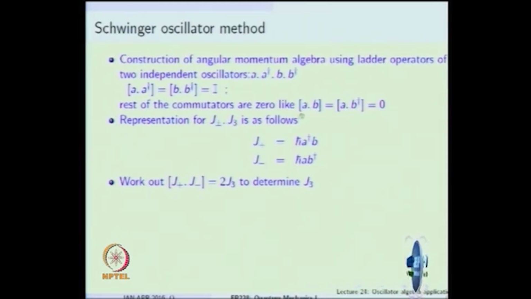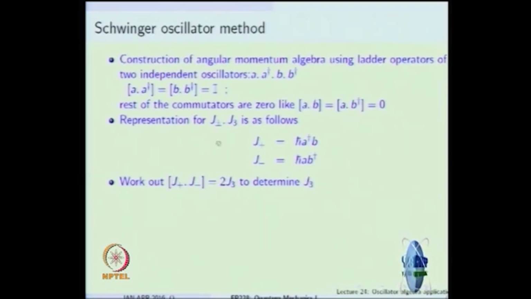By independent I mean that between A and B the commutator is always 0. A and A dagger is harmonic oscillator algebra, B with B dagger is harmonic oscillator algebra. Between A and B, or A and B dagger, or A dagger and B, or A dagger with B dagger, they are all 0. This is what I mean by the rest of the commutators being 0. They don't talk to each other, they are independent.